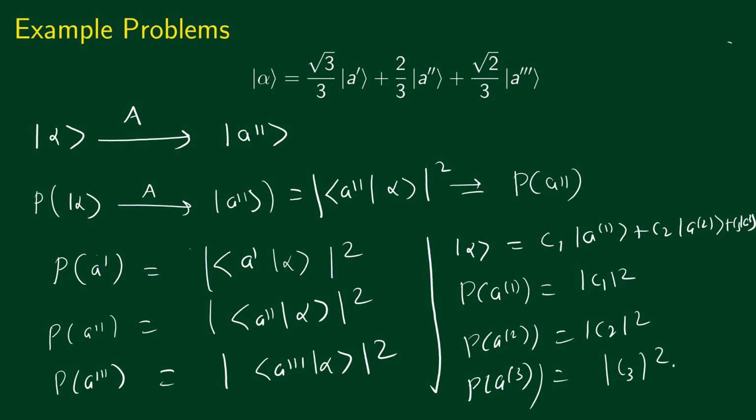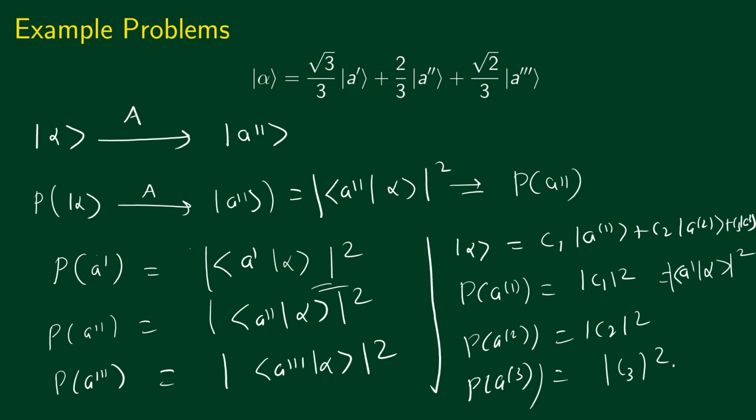This is how we calculate the probabilities. Probabilities are simply the modulus square of the expansion coefficients, if the states are normalized. So this mod C1 square can also be written as we did here, as modulus square of bra A prime ket alpha. This is how we calculate the probabilities using the probability postulate in quantum mechanics.